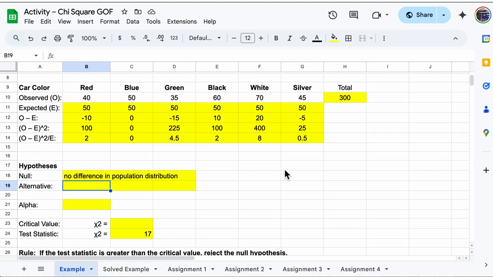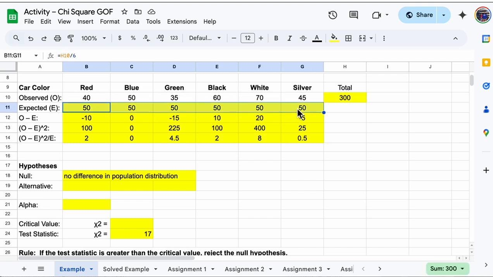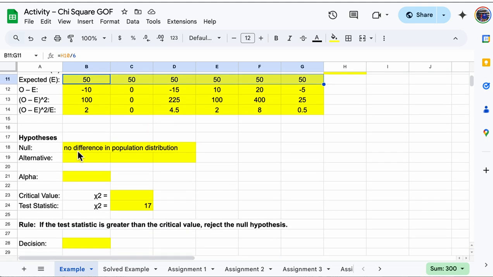You could say all the percentages are equal. You could vary it, but no difference in population distribution would work, because the population distribution should be that they're all, in this case for the sample, 50 a pop, but it should be however many there are in total, divide that by 6, and that would be how many you would expect to have for each color, right?